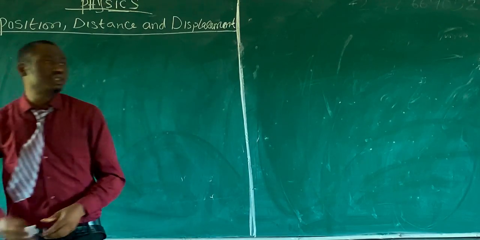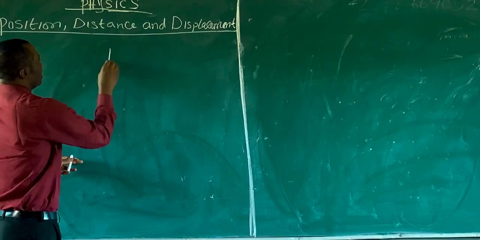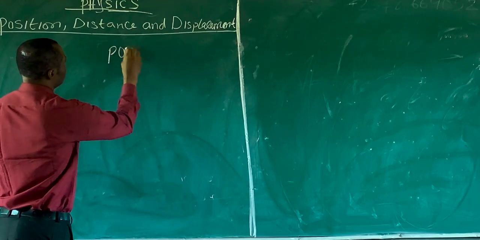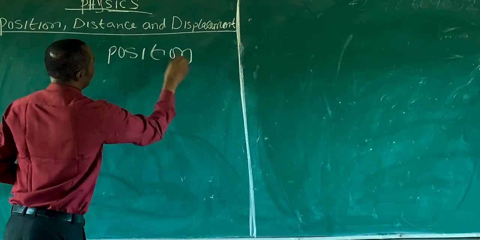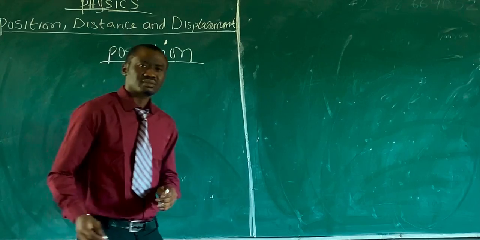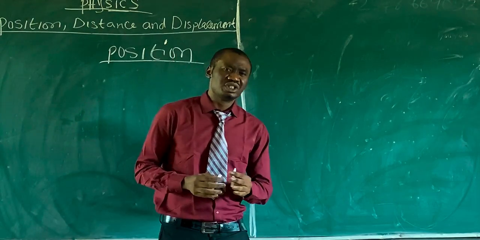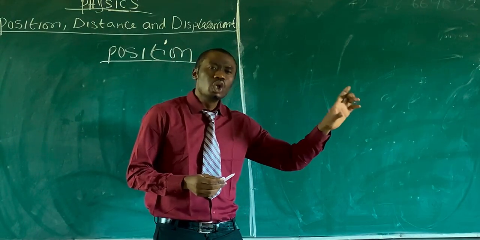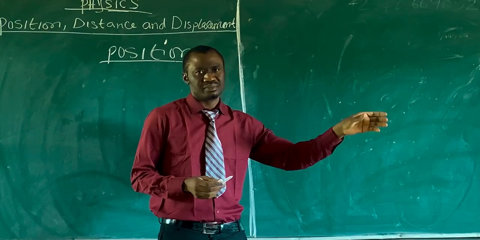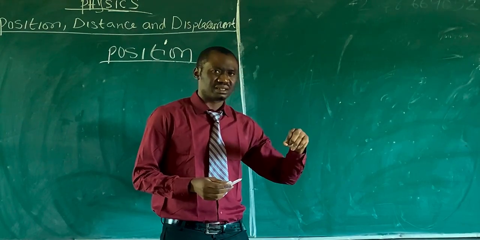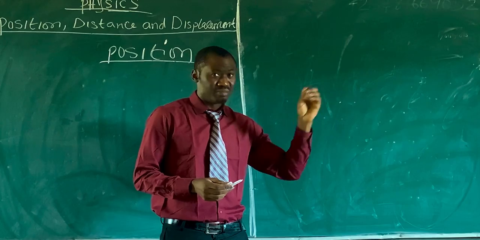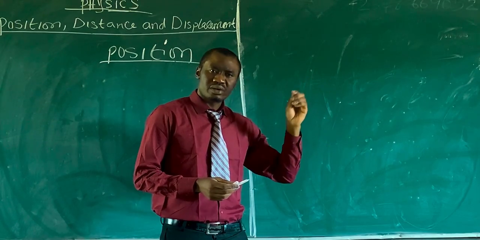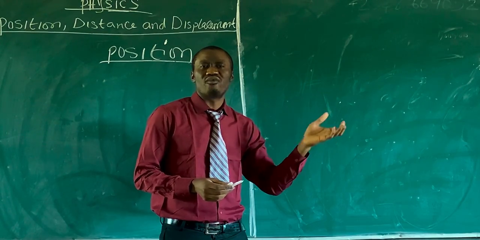Now, the first thing to do is to know what's the meaning of the word position. If you look at the word position, it's talking about the location of a body. Position in physics is simply the location of a body relative to the point of origin.